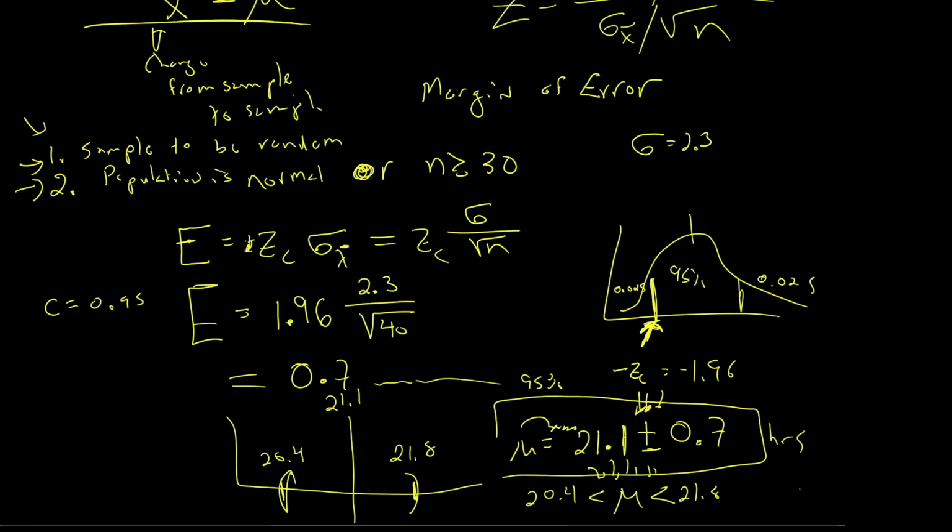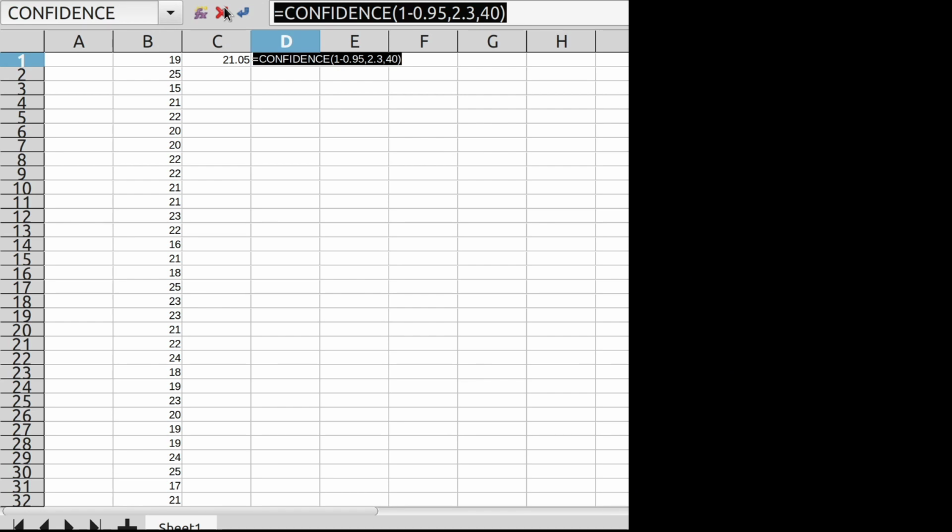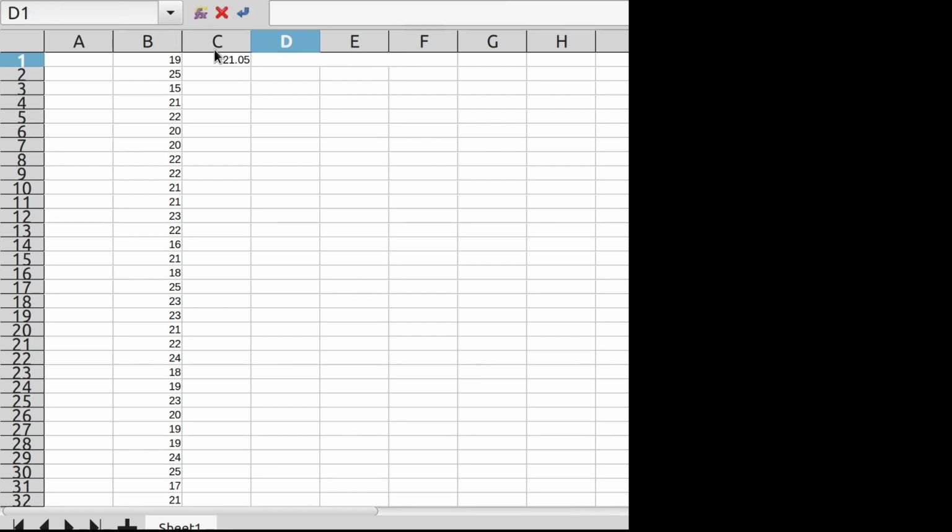All right, let's do a little bit here with our technology and let it help us. So I'm going to show you in Excel what we need to do here. I put the function in here. We have a function called confidence. What I want to do here is build the whole thing. I've created my mean by saying average B1 to B40.